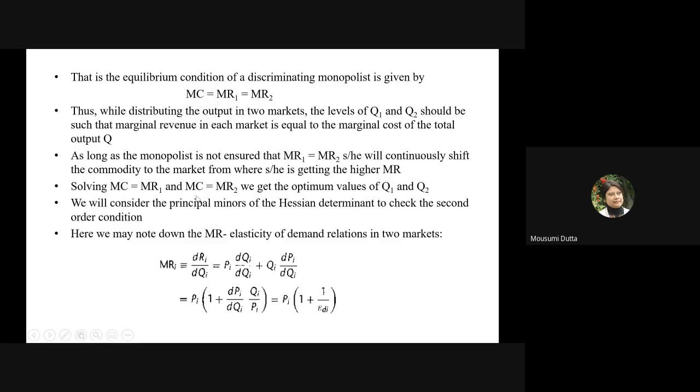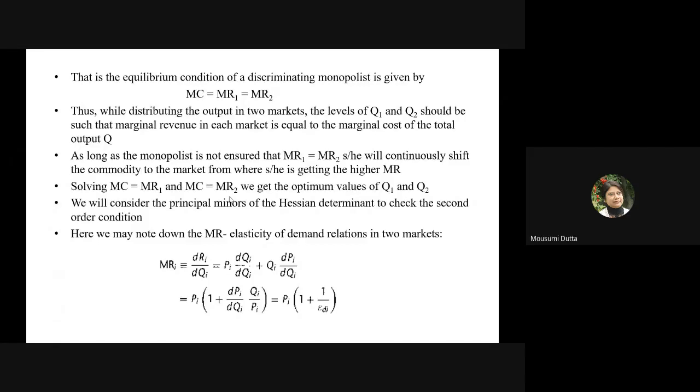Now, following these conditions, basically, we will derive output sold in the first market, output sold in the second market mathematically, because these are the first order conditions. So simultaneously solving these two equations, we will be able to find out Q1 star and Q2 star. And then for the second order condition, we need to check the principal minors of the Hessian determinant. Then I need to add a piece related to price elasticities, because I am talking about many things regarding elasticities.